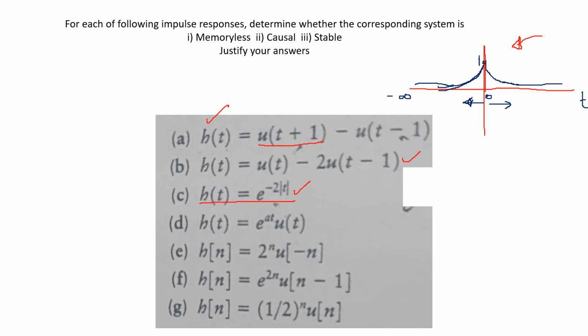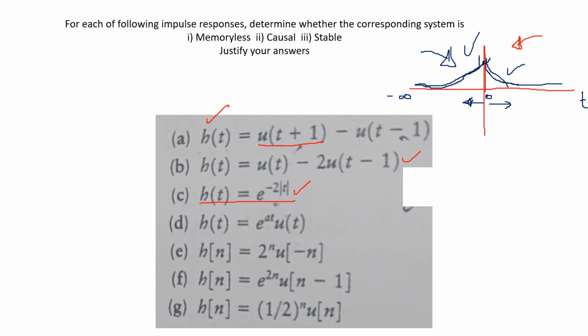Similarly, the replica of the other side is exactly the same. Anyway, they both will be same. Again, if you put a mirror here and look from this side, you will find the replica of this one, and both the replicas are same. So this is an example of the symmetric signal, right?